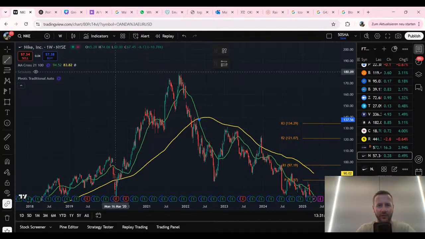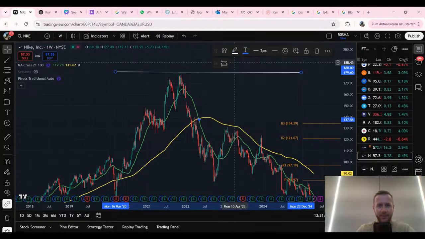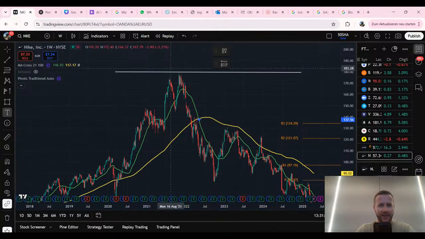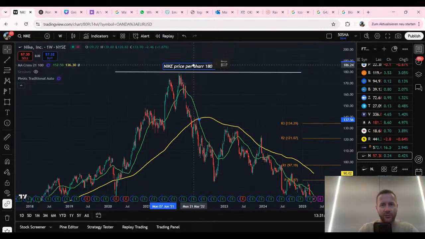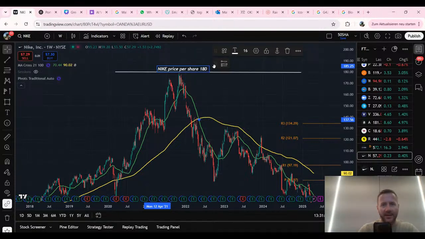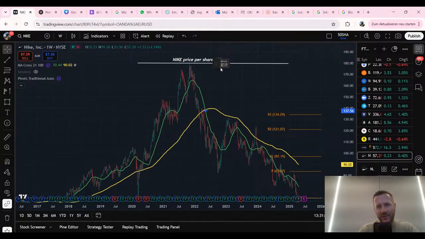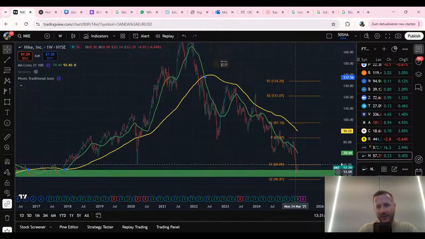Nike's share price was $180 at the all-time high, which is a huge price per share. And just right now, it came back from these levels. It was coming down until now.